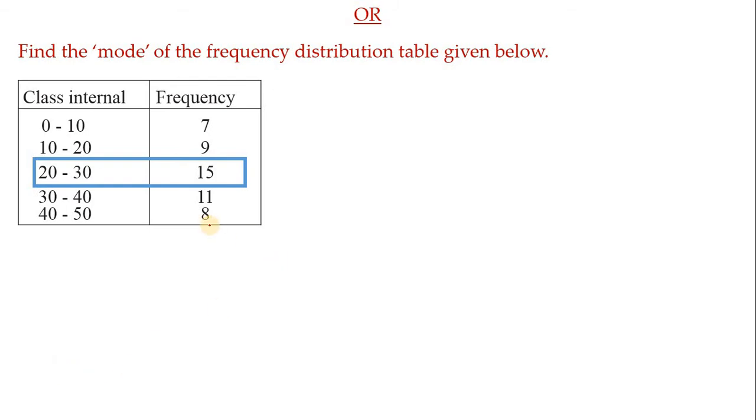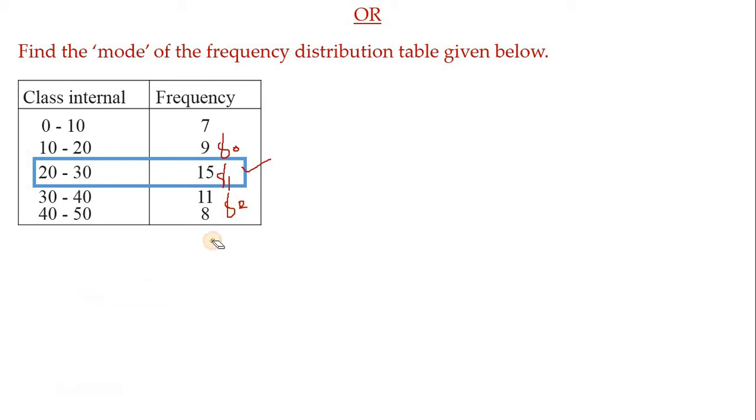After applying the box, see, this is the f1 value. This is the f1 value and its preceding frequency, preceding frequency means its backside frequency, that is f0. And its succeeding frequency, meaning in front of this f1, whichever frequency is there, that is f2.